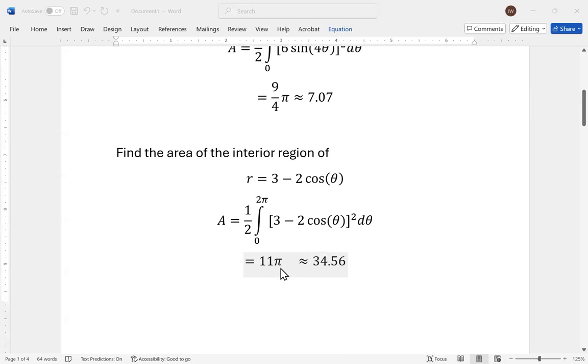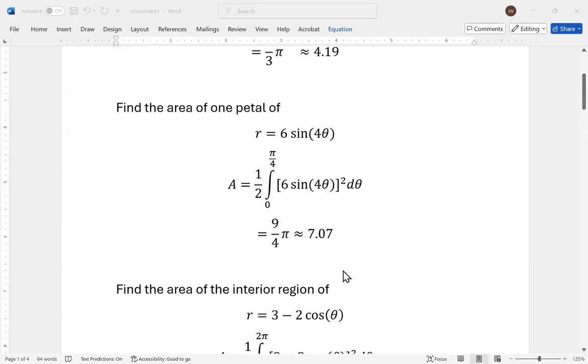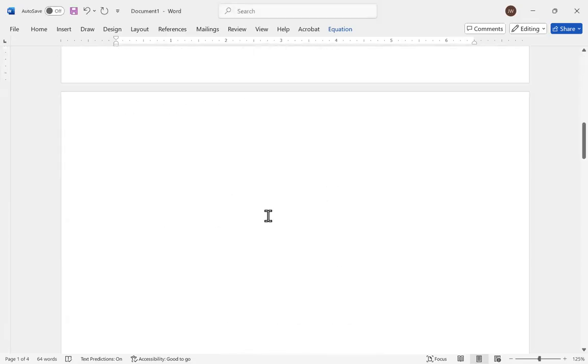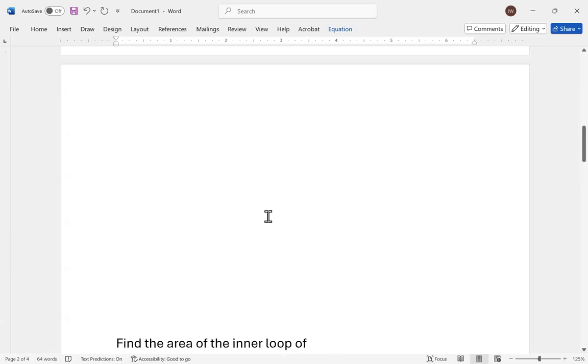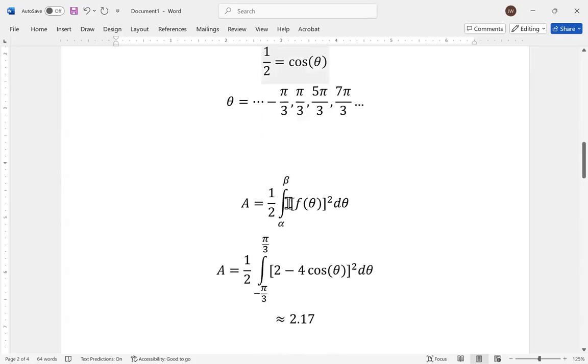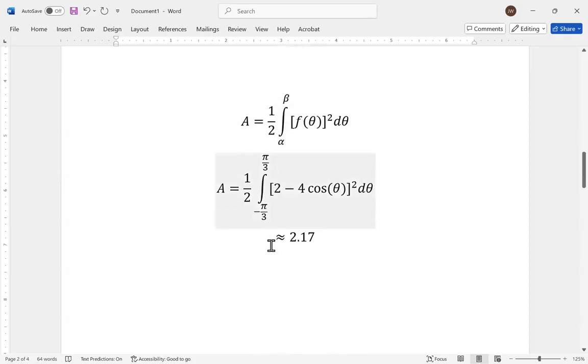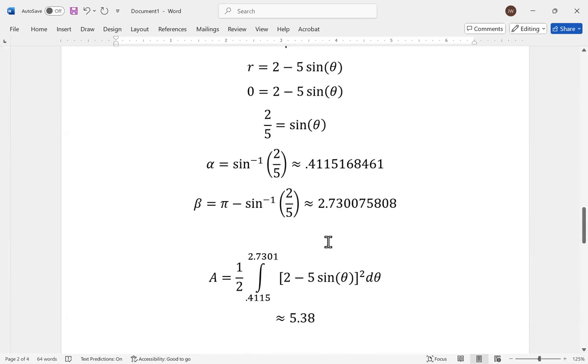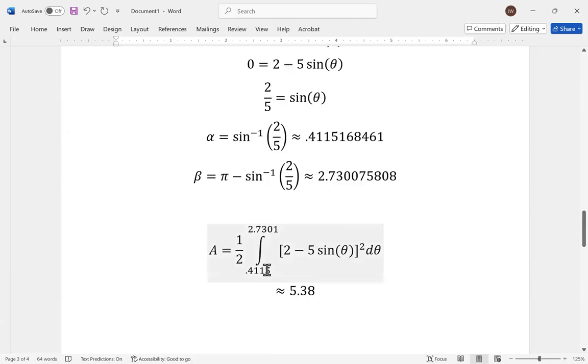I did give you that exact version, but those three had really nice exact values, whereas the inner loop problems that we just did, even when we had the nice bounds from negative pi over 3 to pi over 3, did not have a nice exact version. And then on this last one we did, that did not have a really nice exact version either. It wasn't just a rational number times pi, a nice rational number times pi.